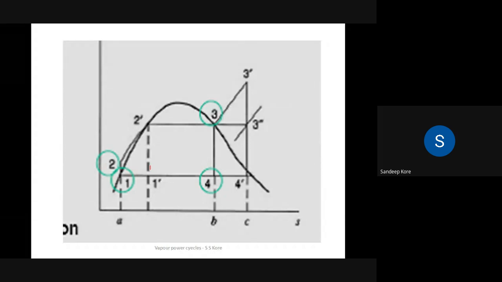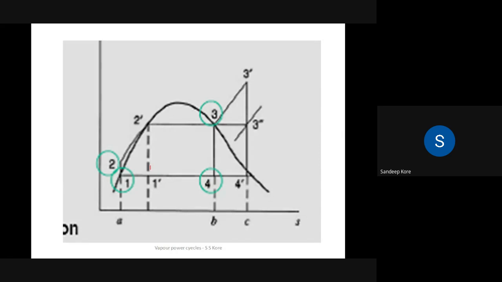What is turbine work? First thing, which process is involved? Now, what is the change in enthalpy during that process? Sir, 3 to 4. Okay, so we will write H3 minus H4.